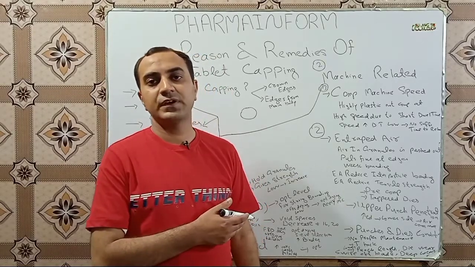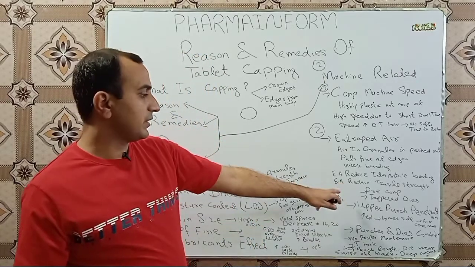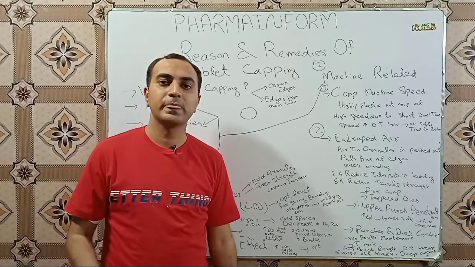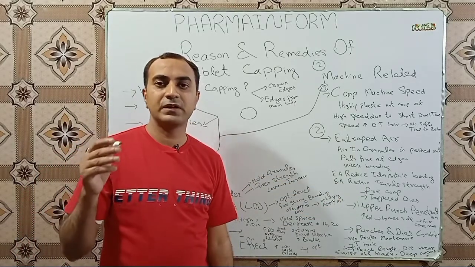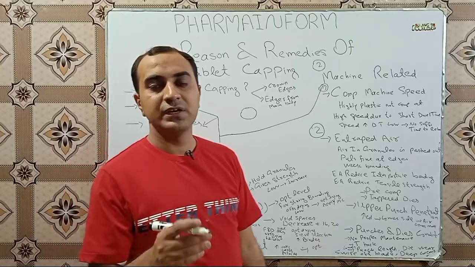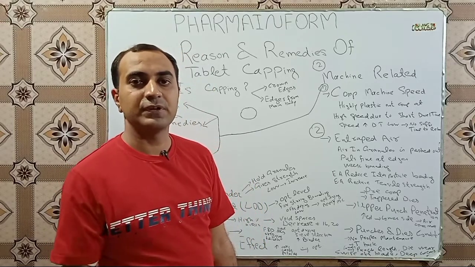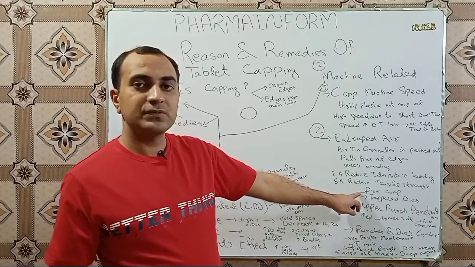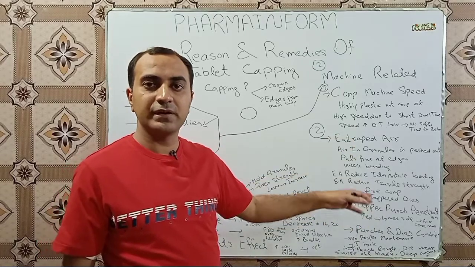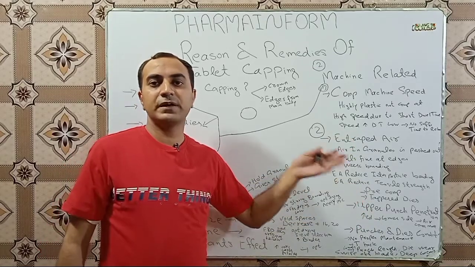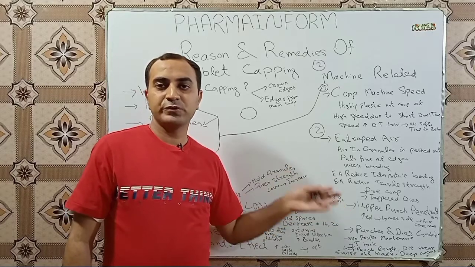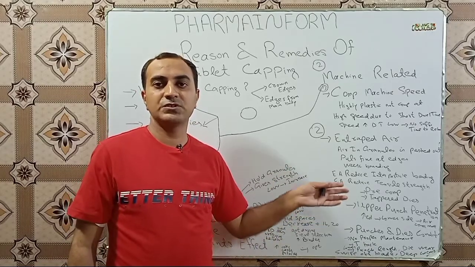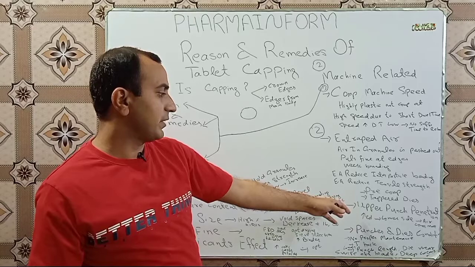We will discuss them in a separate video in detail, but here, pre-compression is a process in which we apply a very little pressure over granules before the main compression. This pre-compression removes the entrapped air, and when we apply main pressure, because the entrapped air is removed, the chances of capping are prevented.